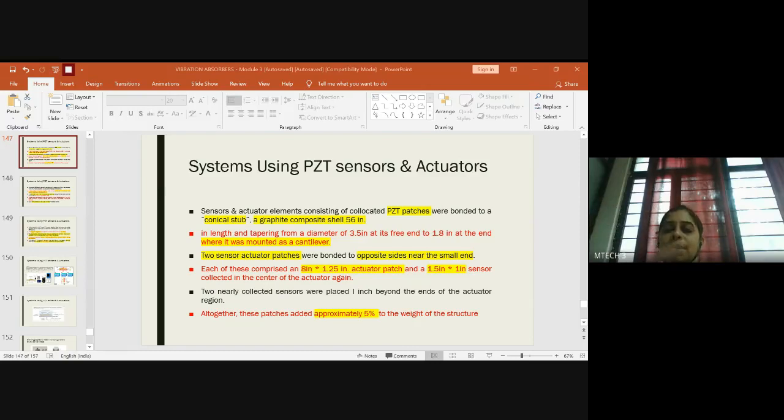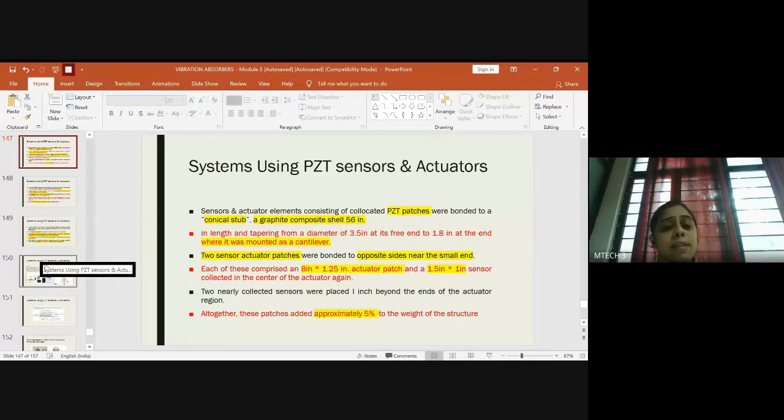Unimorph or Biomorph are nothing but the patches. If it is one layer patch on the cantilever, it is Unimorph. If you have two layers of the patch on the cantilever, it is a Biomorph, right? So you have to keep these things in mind, and if you know the concept, you can explain very beautifully. It is such a beautiful subject, you should just understand and write well in the examination.